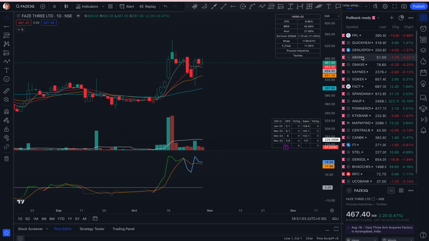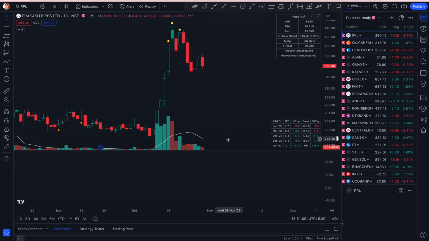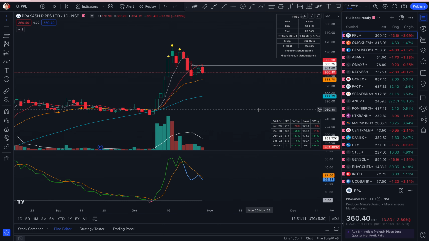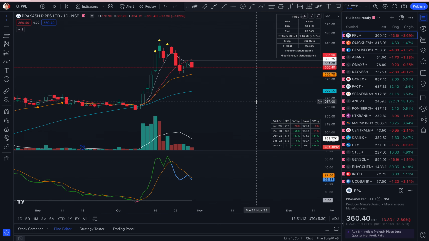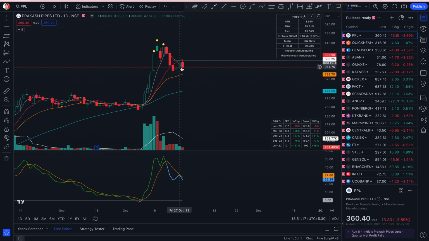I also maintain a pullback ready list. My pink color is basically things which are ready for a pullback, and you see Prakash Pipes is ready, very nice.